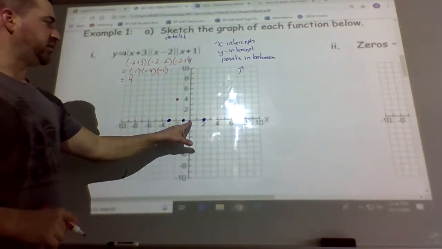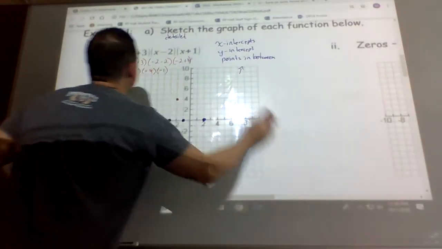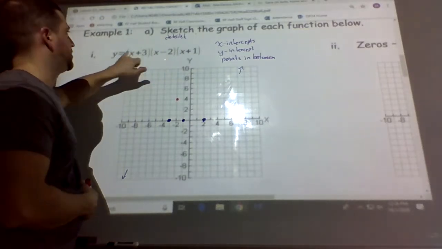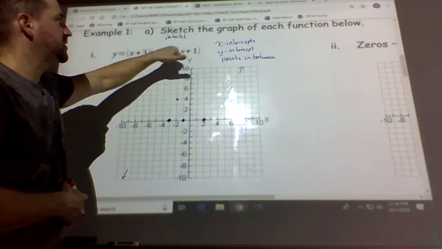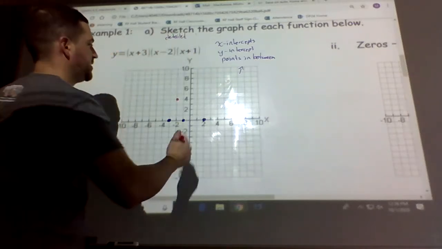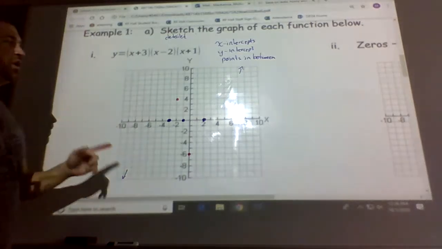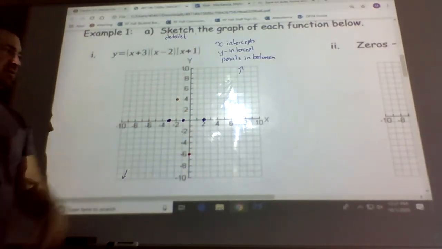We're going to do the same for 0 and 1. For 0, you could do it in your head. 3 times -2 is -6, times +1 is still -6. So 0, -6, which also is our y-intercept, where x is 0.